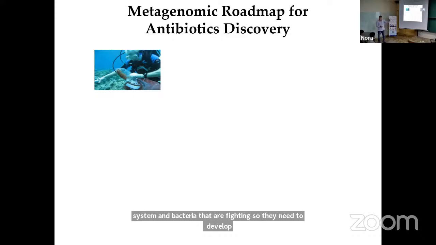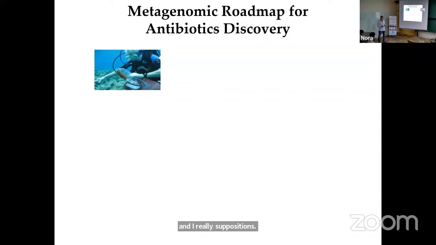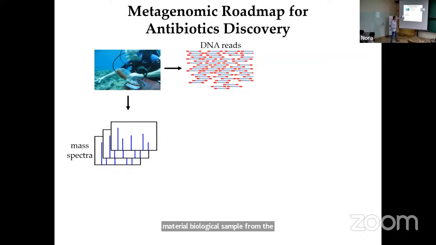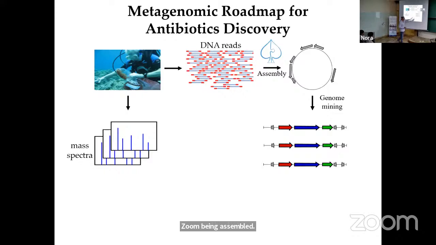So they dive, they collect biological samples from the sea, and then they try to sequence the genomes of these bacteria, and at the same time we use a technology called mass spectrometry to sequence proteins generated by these bacteria. Then we assemble this bacterial genome, then we find these NRP synthetases, these giant molecular proteins that generate them.